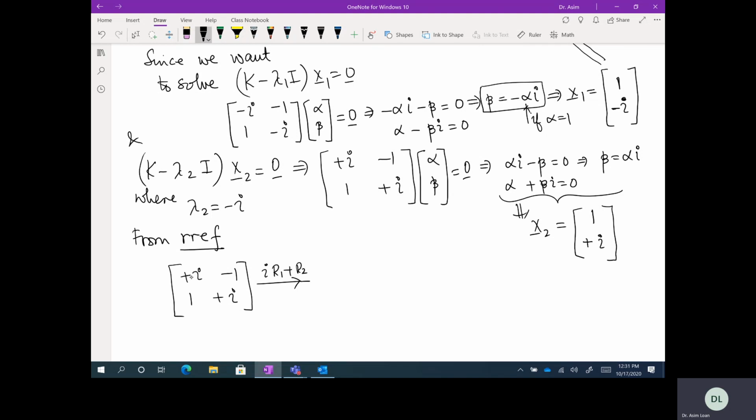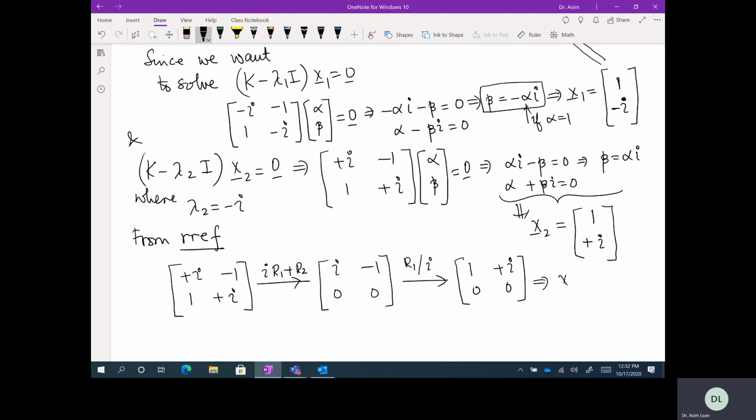If I do that, this will become iota minus 1. So minus 1 plus 1 is 0, and then again minus iota plus iota is 0. Then I say R1 divided by iota. If I do that, this is 1, and this is minus 1 over iota, which is equal to plus iota, 0, 0.